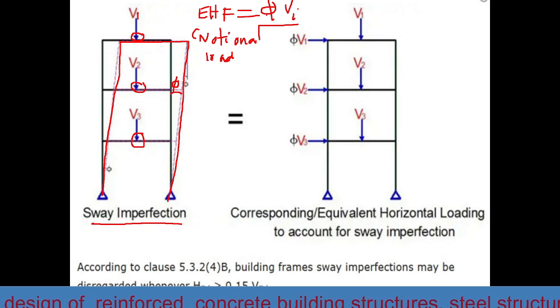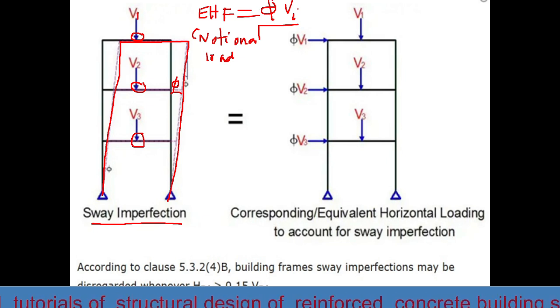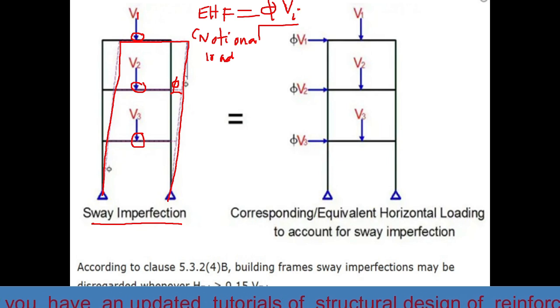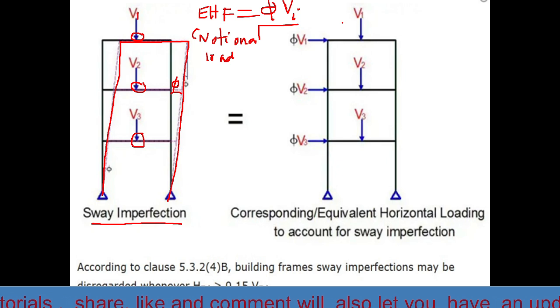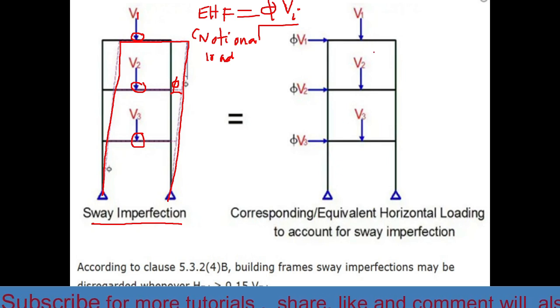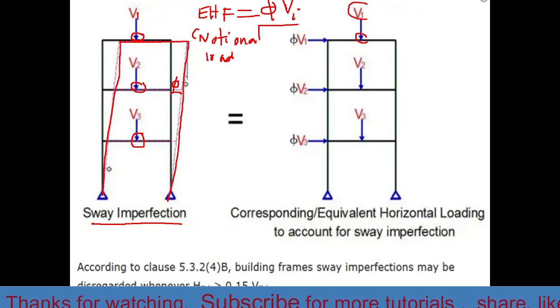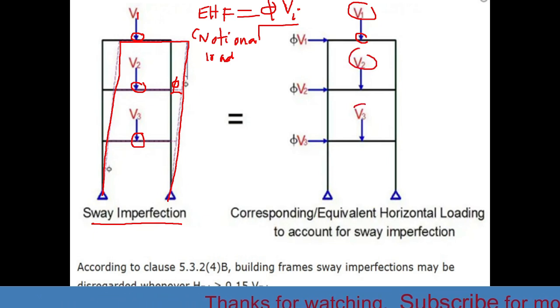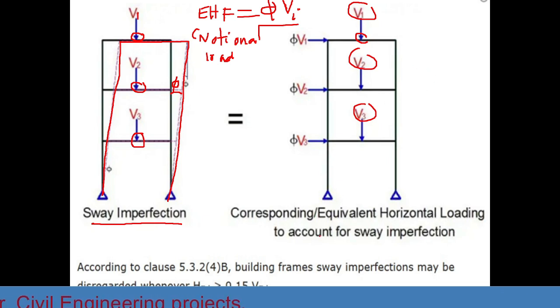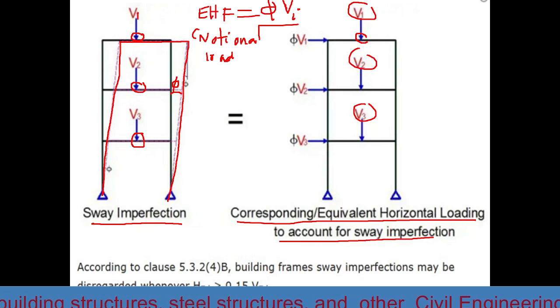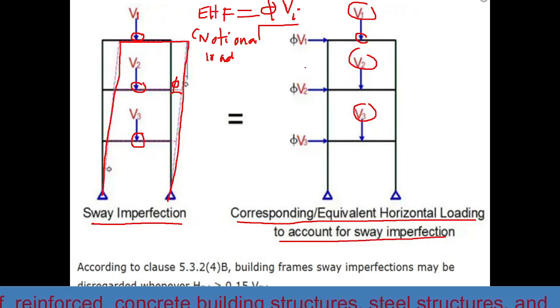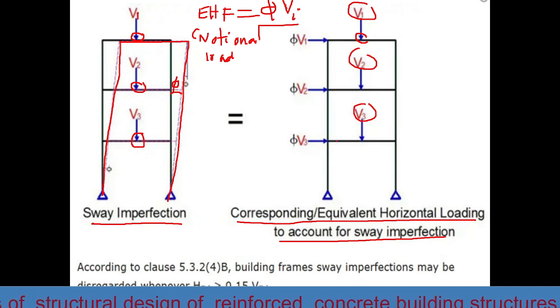Previously we have seen how to calculate the phi value, and here Vi is the story gravity force which is applied at every story. These values can be obtained from manual calculation or from ETABS. So, corresponding equivalent horizontal loading accounts for sway imperfection. We need to apply a lateral force at every story.